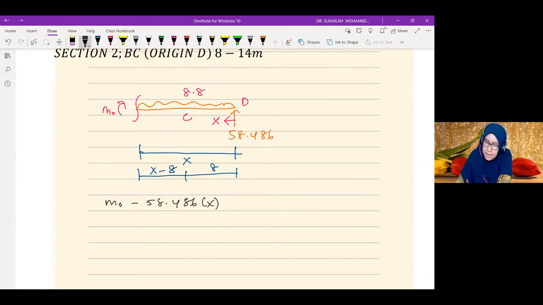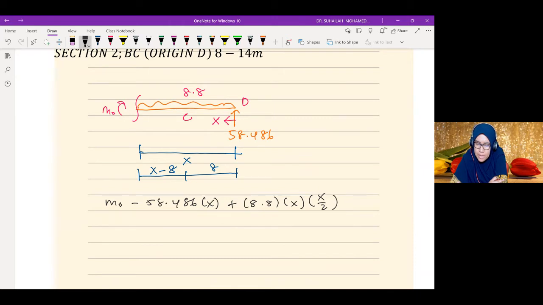Okay, and we get 8.8 is positive. It is 8.8 times X for the area, and for the distance it is X divided by 2. Simple, because there is no load on at point C. So it is just like this.